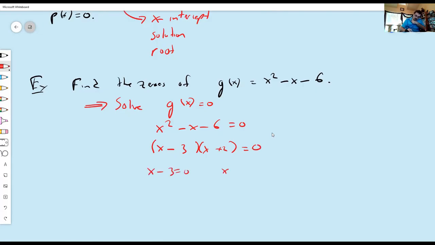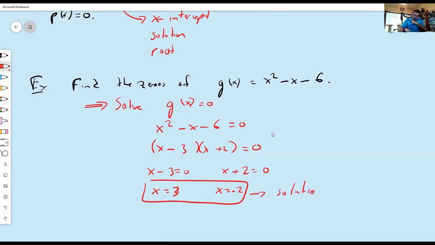Solving this, x equals 3 and x equals -2 are solutions. And solution is a fancy way of saying 0. So you may be asked to put your zeros in a solution set, so that looks like this: -2, 3. But what I really want to get out of this is this.